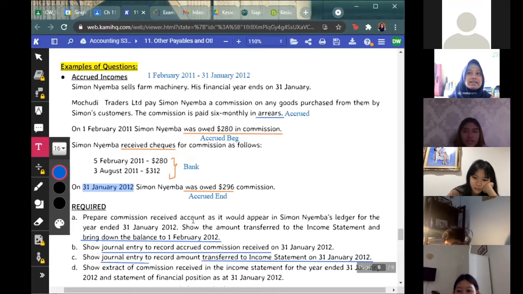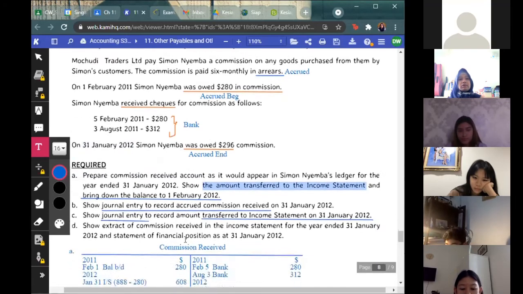IS, yeah. So IS is our missing information, and we have to prepare the commission receivable account and also calculate how much is transferred to the income statement.